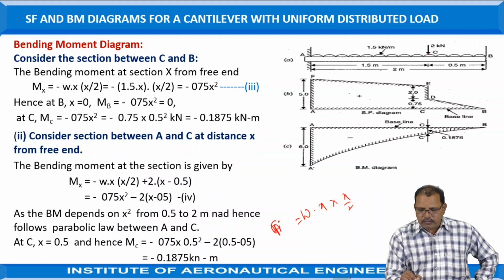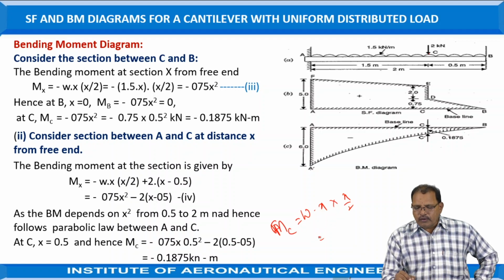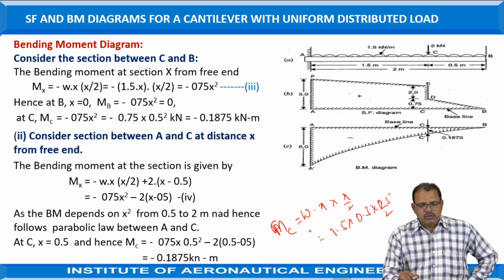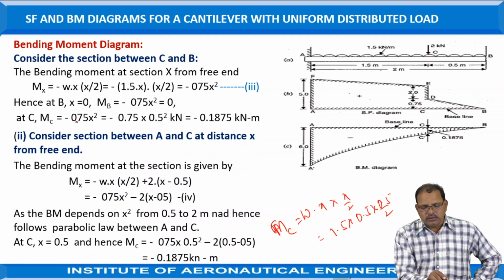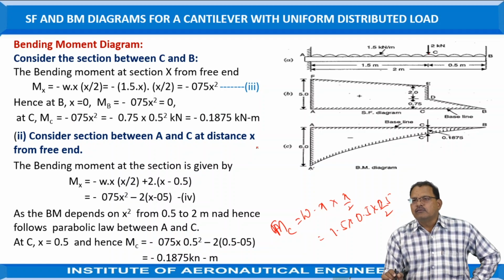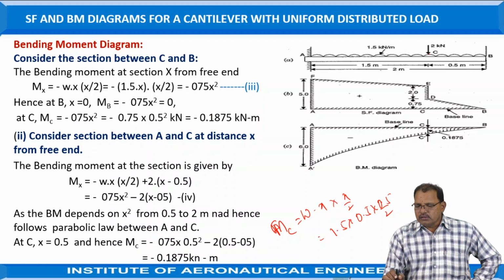Here W is the uniformly distributed load rate, 1.5 kilonewtons per meter, the distance is 0.5, and it is acting at a distance of 0.5 by 2. The value is 0.1875.